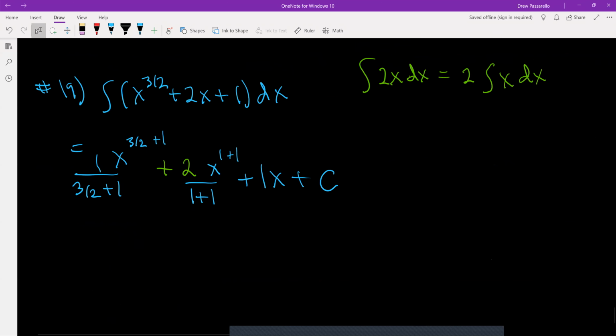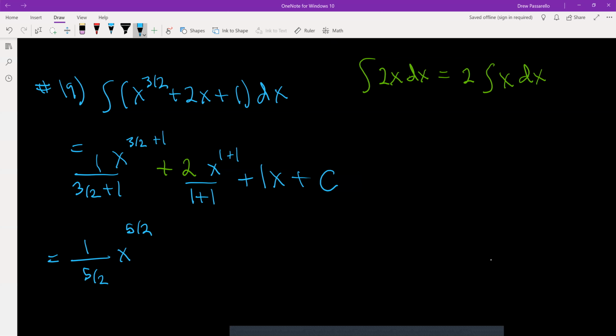So now we simplify this. We're going to have 1 over 3 halves plus 1. 1 is the same thing as 2 over 2, so we'll be doing 3 halves plus 2 over 2, which is 5 halves. And then I have x raised to the 5 halves.